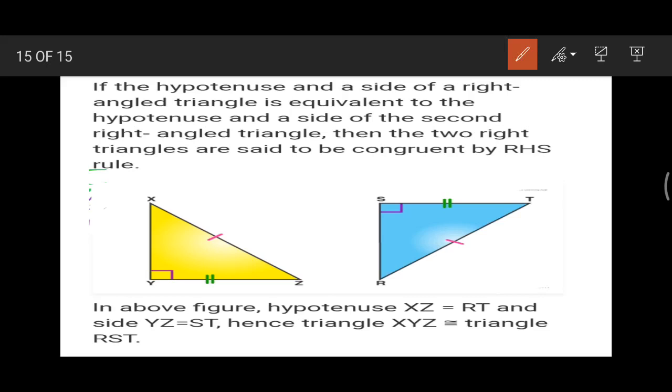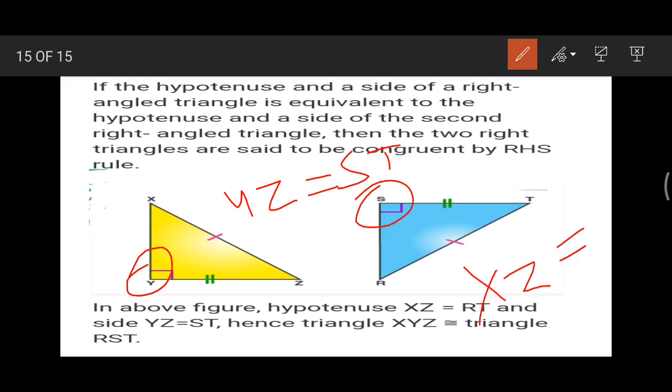When hypotenuse, right angle and the side are equal for two triangles, then this is called RHS congruence, or these triangles are congruent by RHS congruency. So here you can see angle S and angle Y are right angles. YZ is equal to ST and XZ is equal to RT.